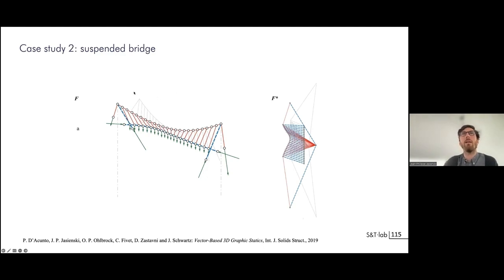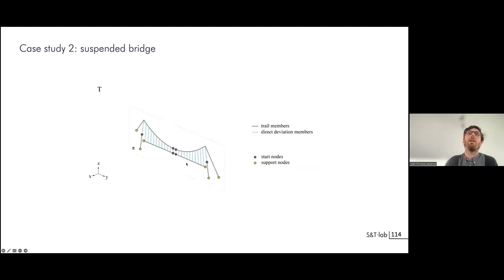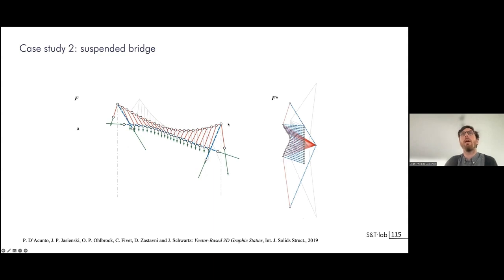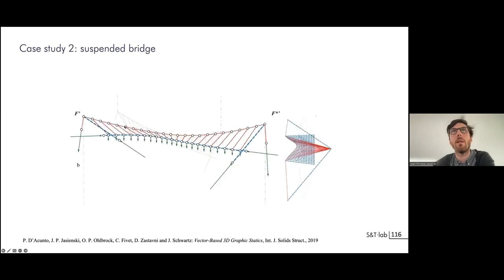Specifically, we modeled the upper part and the lower part as two trails that we could see here. Okay, and then we have this part. So we will apply a first set of geometrical transformations to make the supports match the support points that are located on the sides of the river.